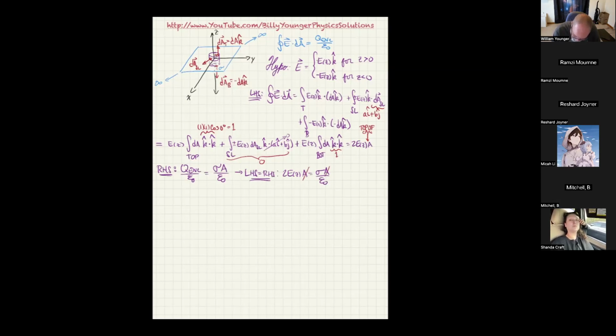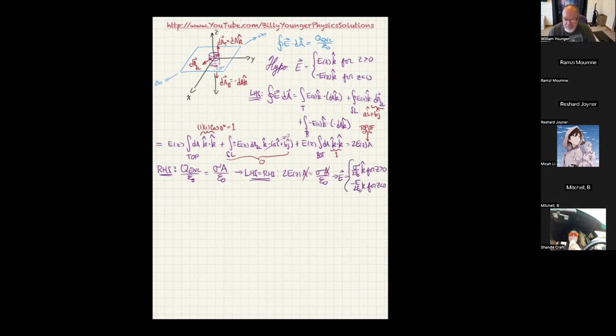And we finally can go back to our hypothesis and say that E is going to equal sigma over 2 epsilon naught K hat for Z greater than 0 and negative sigma over 2 epsilon naught K hat for Z less than 0. That's what our electric field is. So that's the Gauss's law portion that we had to do.